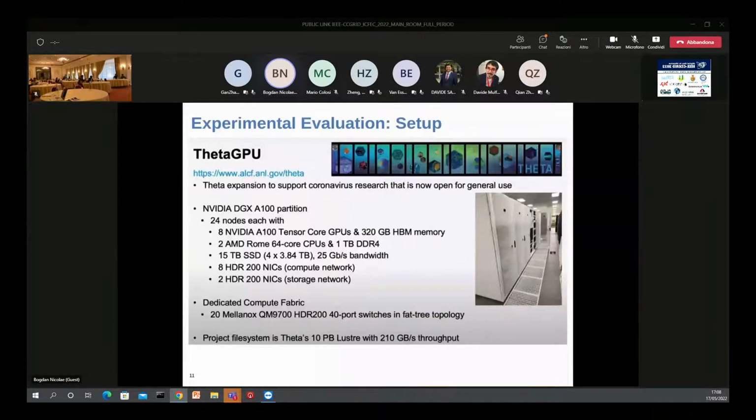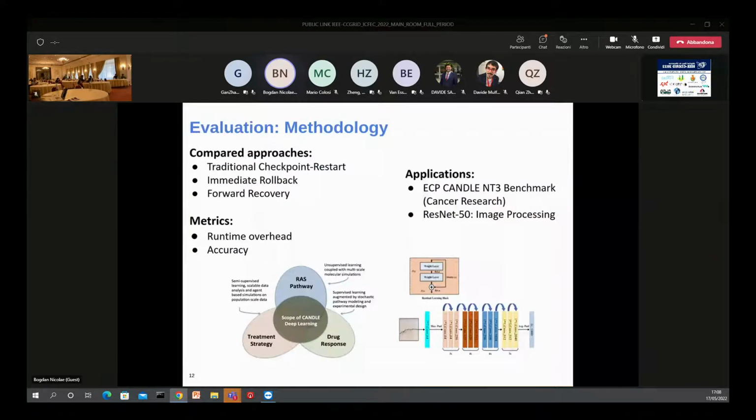What kind of experiments are we looking for? In terms of compared approaches, of course, we use a traditional checkpoint restart, and then our two strategies. The metrics we are interested in are the runtime overhead, so the performance, and on the other hand, the accuracy. And we want to study trade-offs in this space.